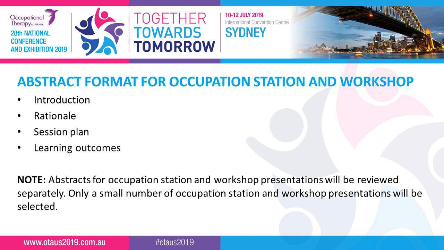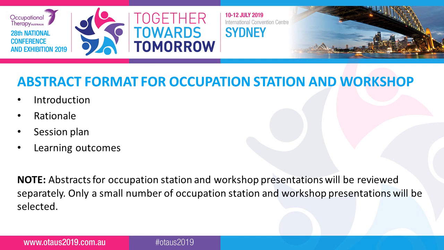You should note that, as I've mentioned previously, abstracts for occupation station and workshop presentations will be reviewed separately by a subcommittee of the conference scientific committee. And so only a small number of these types of sessions will be included in the conference.